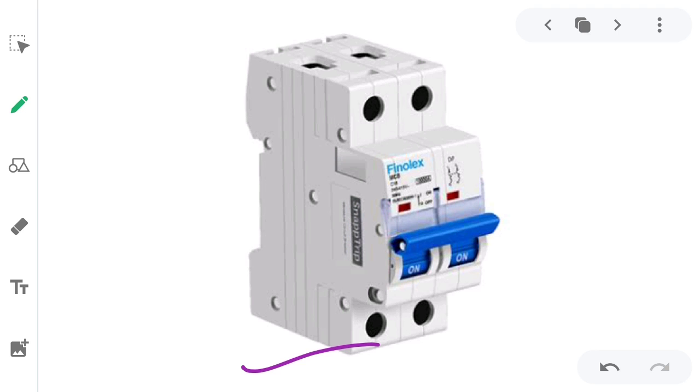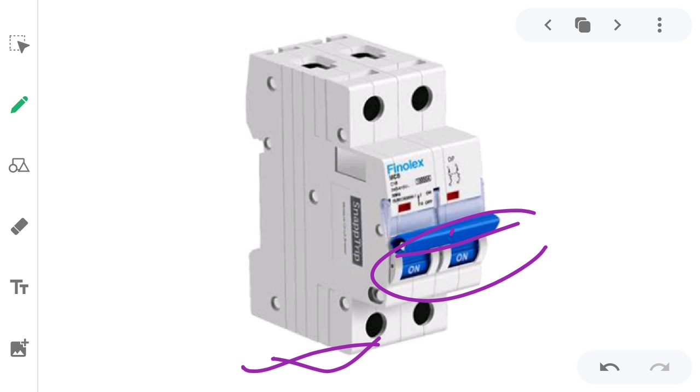This one you must have seen at your home. This is called MCB, miniature circuit breaker. Whenever overheating or short circuit happens, this button falls down on its own.